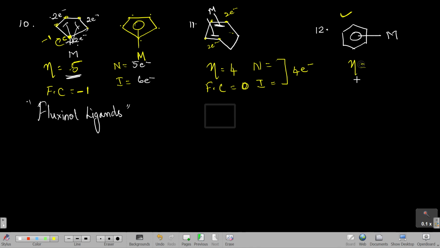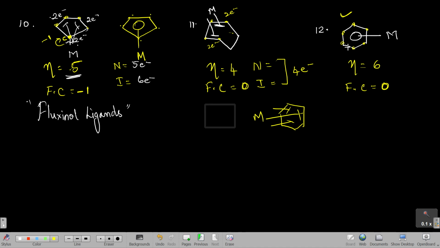Now, come to this part. It is benzene. So, you need to find out the hapticity. Totally how many donor atoms? 6. All 6 carbon atoms are giving their pi electrons to the metal. Now, formal charge is going to be 0 because it is a pi electron donation. All these are going to donate their pi electrons to the metal.